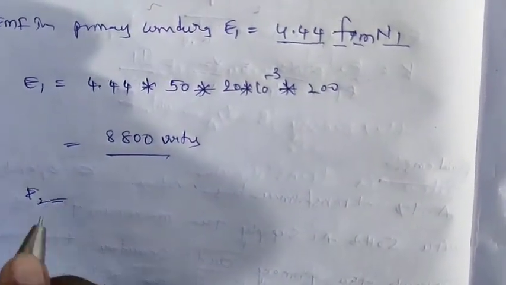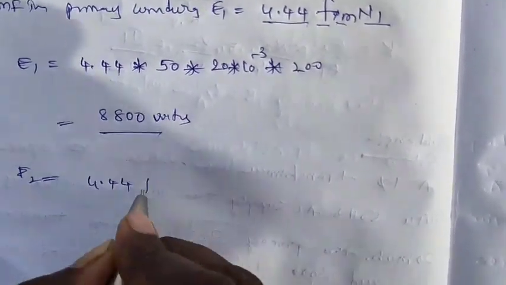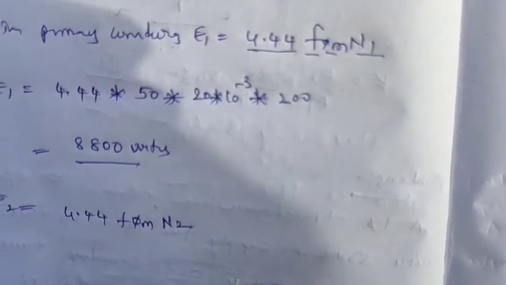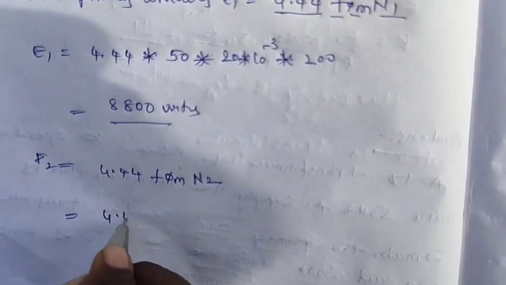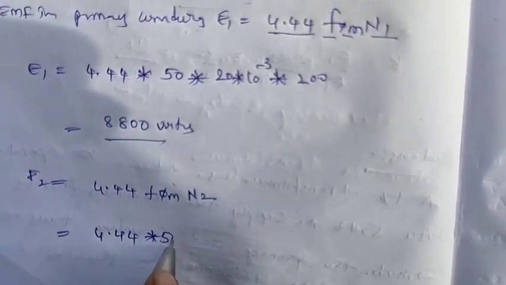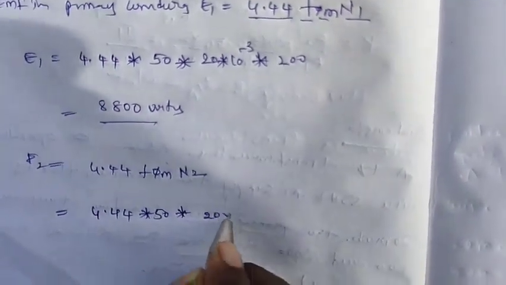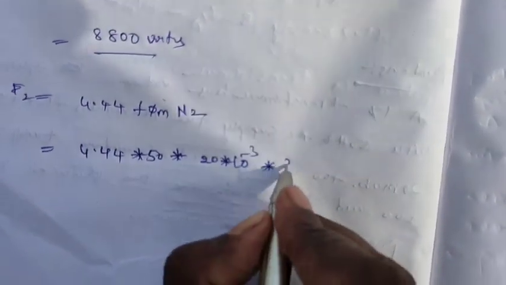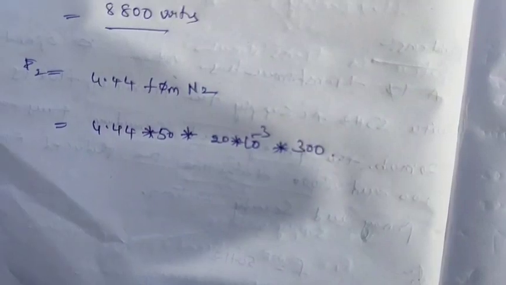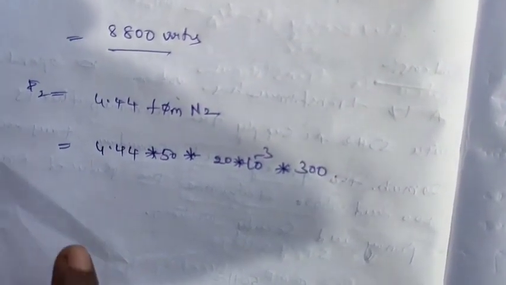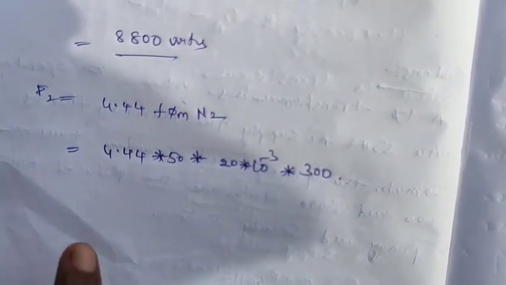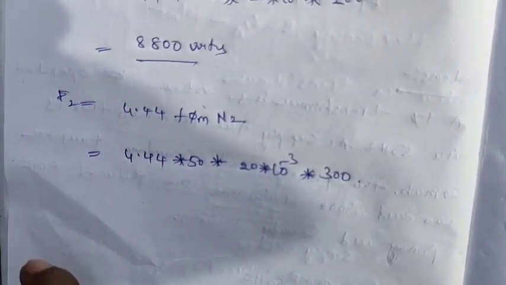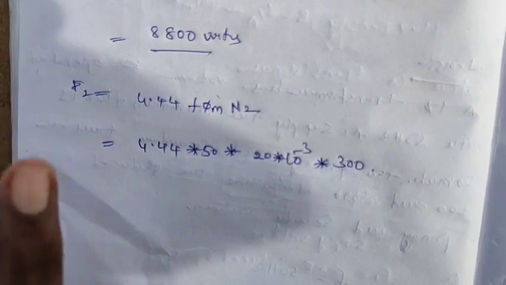What is the value of E2? E2 is 4.44 f φm N2. f is 50 Hz, 20 milliwebers, 20 into 10 power minus 3, N2 is 300. 4.44 into 50 into 20 into 10 power minus 3 into 300.